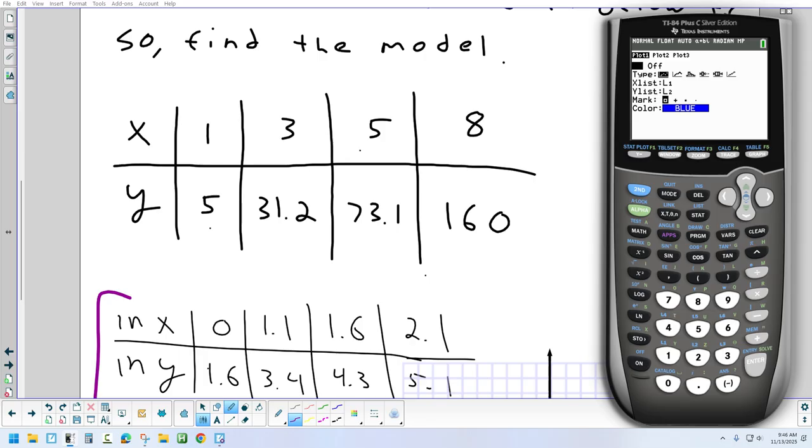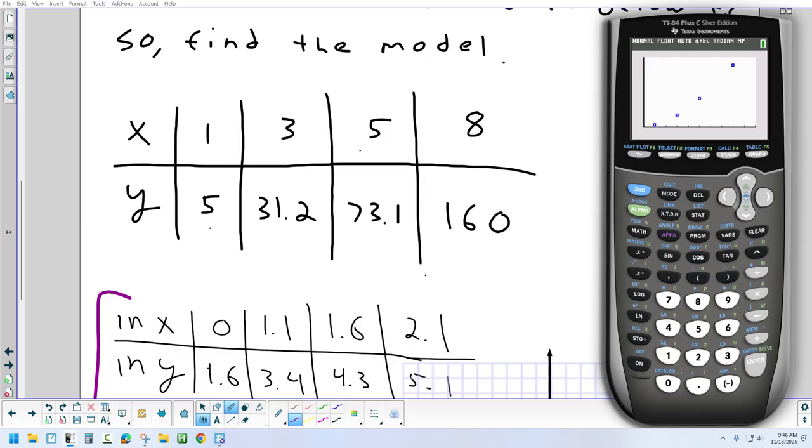Make sure it says it's going to get the x's from L1 and the y's from L2. If one of yours says something different, like it's going to get the y's from L3, well, that's going to be a problem unless you put your y's in L3. The color, the mark it uses, none of that's important. Just leave all the settings the way I have them there. When you hit graph, there are your 4 points from the original table.